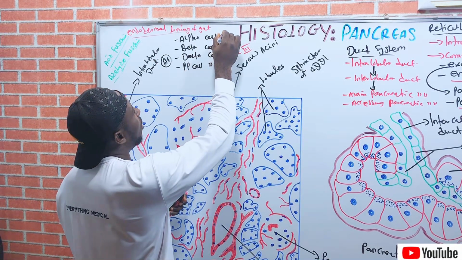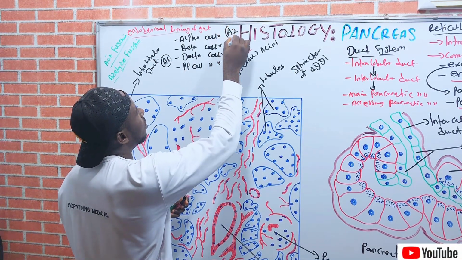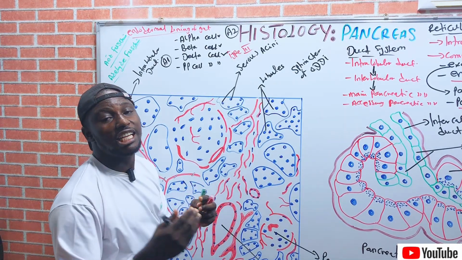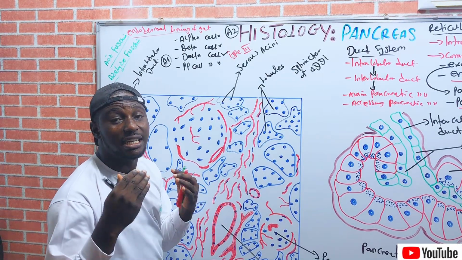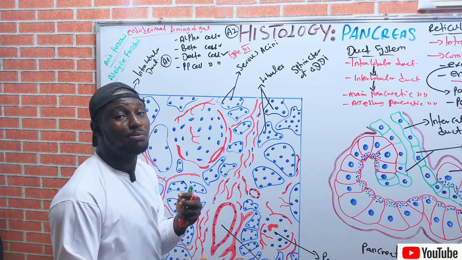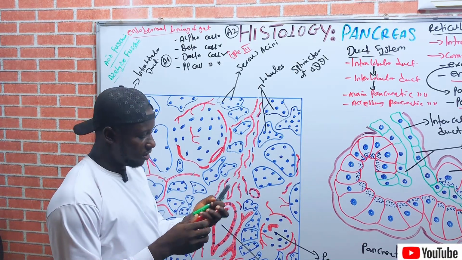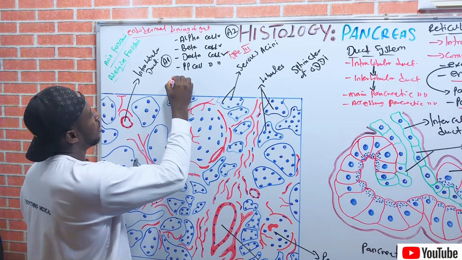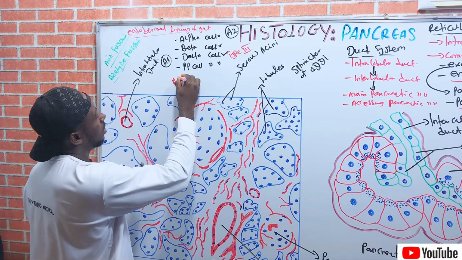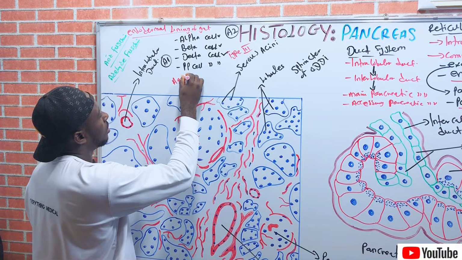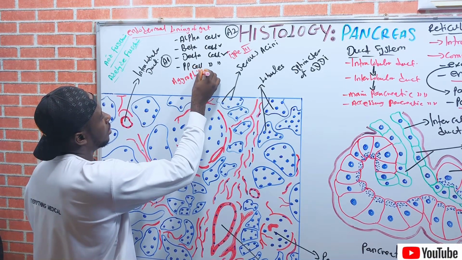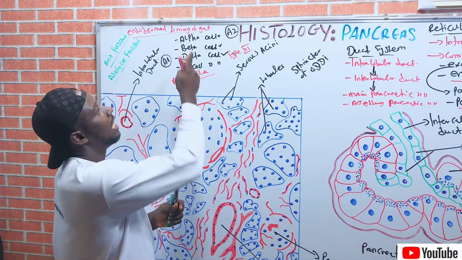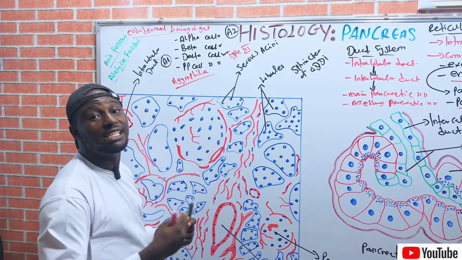Why can this be called the A1 cell? Since it stains black in silver stain, it is called argyrophil. This is the feature that distinguishes it from the alpha cell, because it stains black in silver stain.